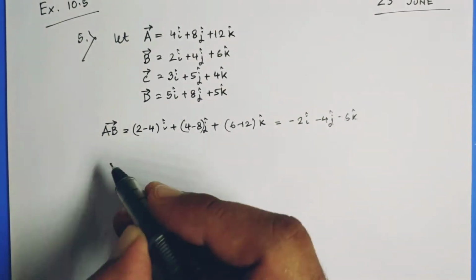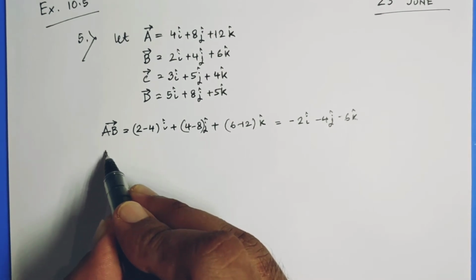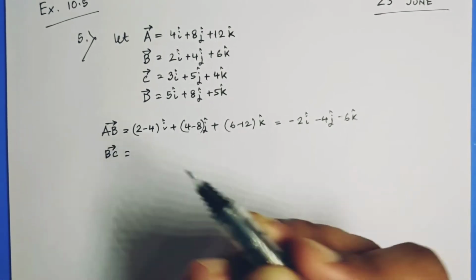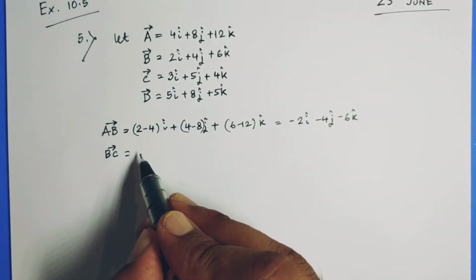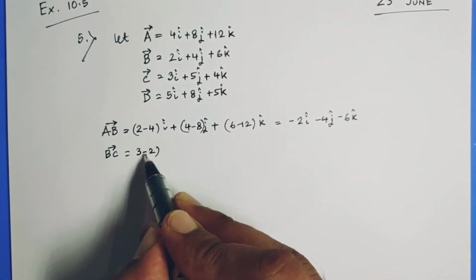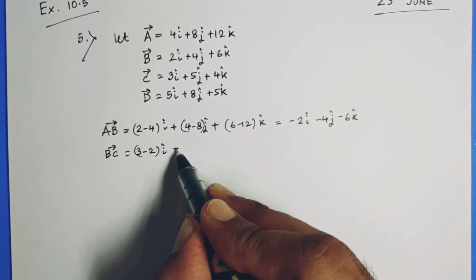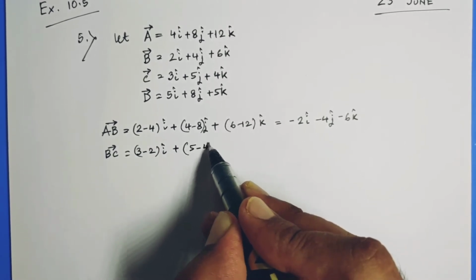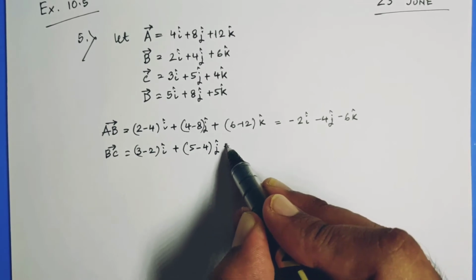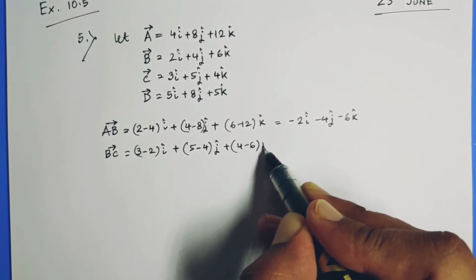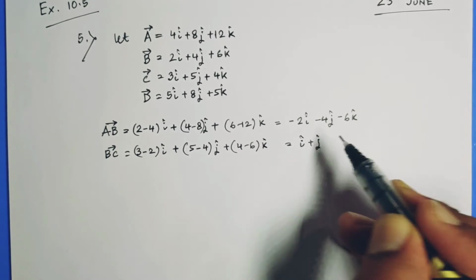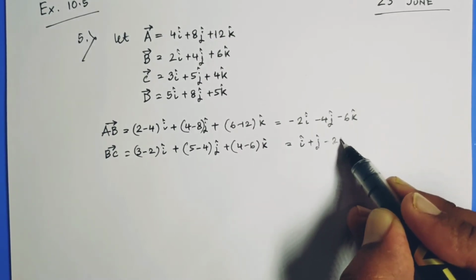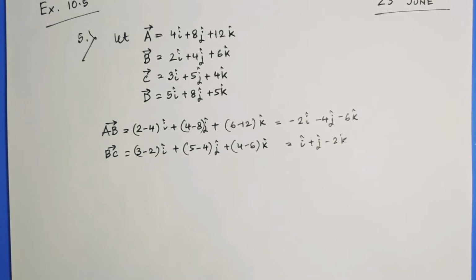Now BC vector will be C minus B, so it will be 3 minus 2 i cap plus 5 minus 4 j cap plus 4 minus 6 k cap. So you are getting i cap plus j cap minus 2k cap, right?